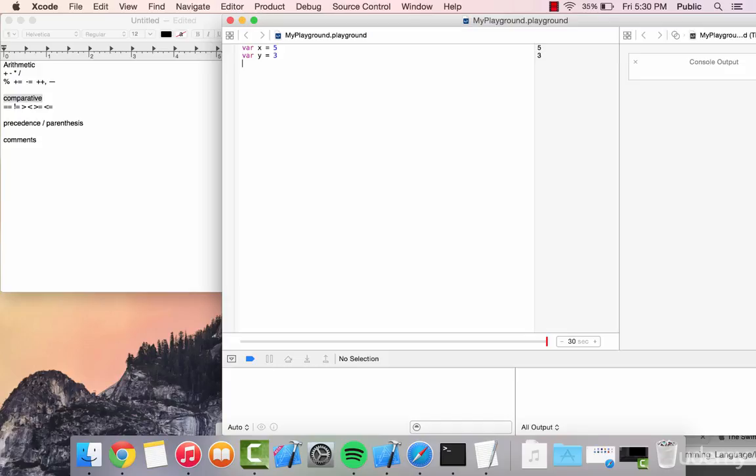Now, what if you combine and chain together a bunch of these operators, particularly the either arithmetic or comparative ones? Let's start with arithmetic. So say you have a statement like something like this. Actually, let me make it a little simpler.